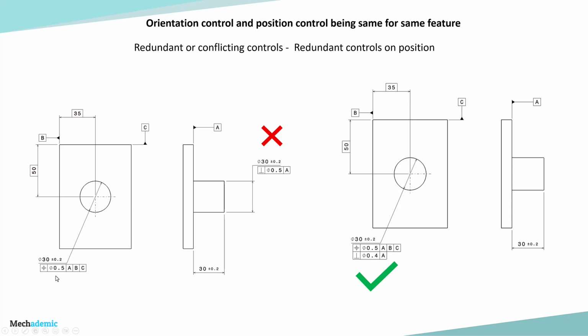By just controlling the position, we are controlling its perpendicularity within a cylindrical tolerance zone of 0.5 by default. But here we are making sure that the perpendicularity is specifically controlled to a lower value with respect to datum A, which means that if the position of this pin is very close to its true position, it can vary in its perpendicularity by 0.5. But over here, even if it's at the nominal position, it should vary within 0.4. So we are refining the control of perpendicularity.